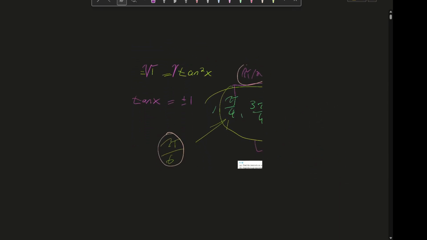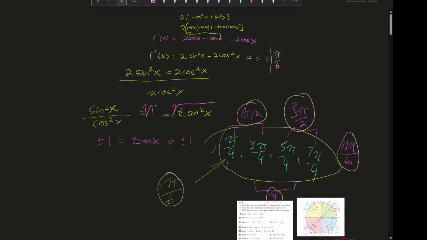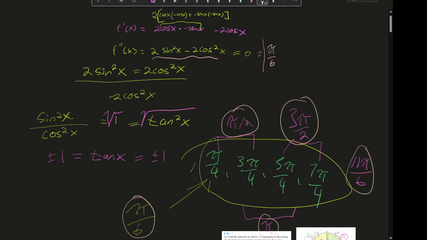Okay, so visually, just looking, cosine was root 3 over 2. Sine is 1/2. So sine is 1/2.